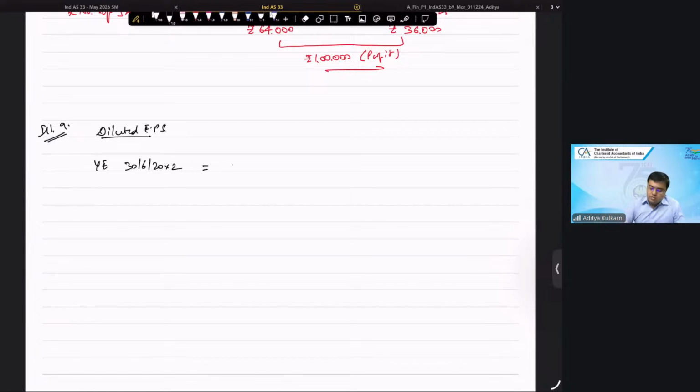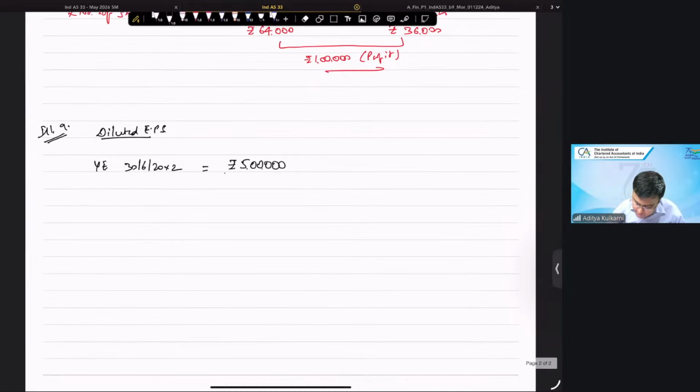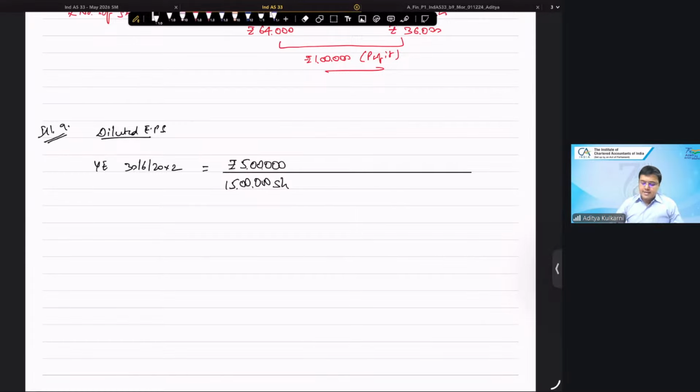Basic EPS was 5 lakh divided by 15 lakh shares. So diluted will start where basic EPS ends. So 5 lakh was your net profit attributable to equity shareholders. Now from here, you will then consider the diluted EPS.